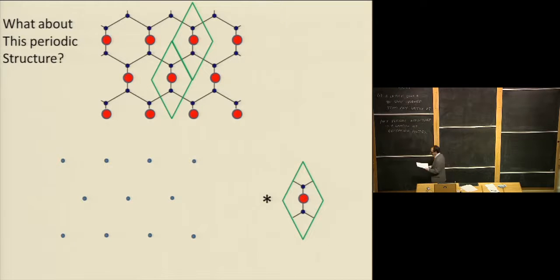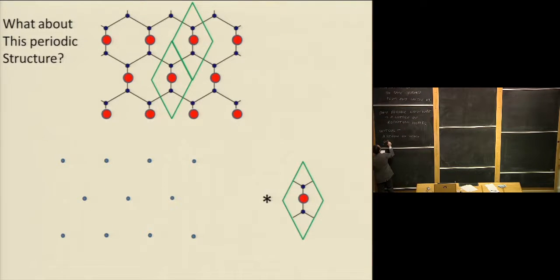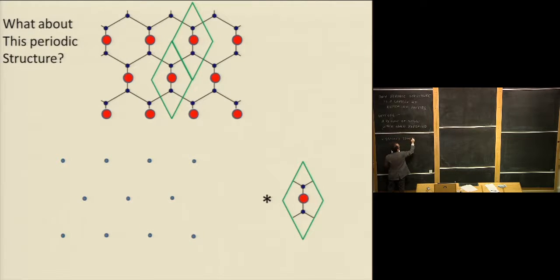So that brings us to another very useful definition, which is a unit cell. Unit cell equals a region of space. It's the repeating motif. It's the region of space which, when repeated and stacked together, and sometimes we use the word tiled, meaning repeated.